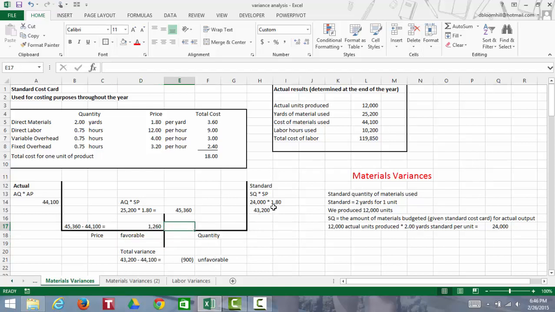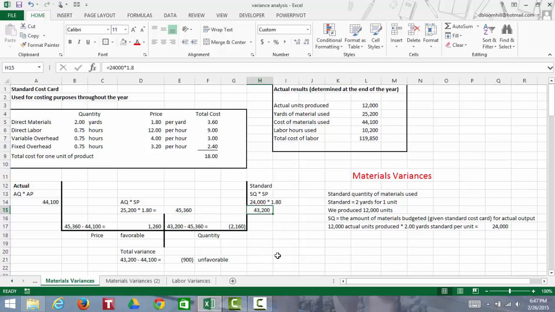Now, let's calculate our quantity variance. Our quantity variance is going to be the difference between the right-hand prong and the middle prong. So I'm going to take the 43,200 and subtract the 45,360. And notice I get a quantity variance of negative 2,160. So again, whenever we compare two numbers, the one on the right is budget, the one on the left is actual.